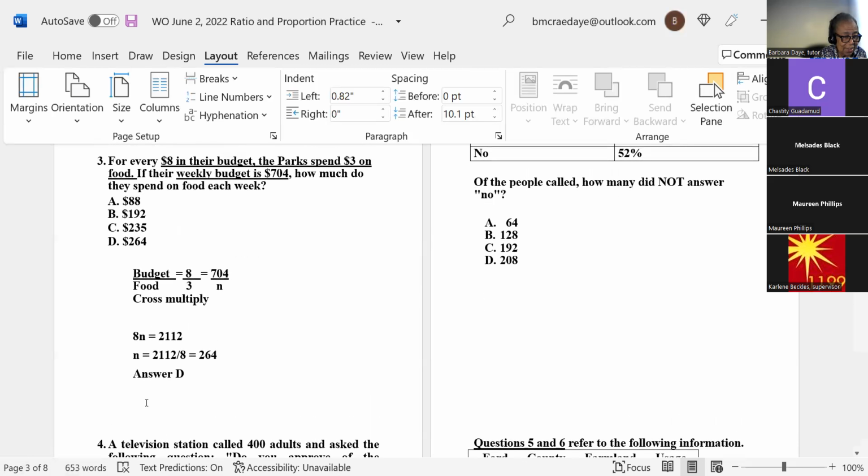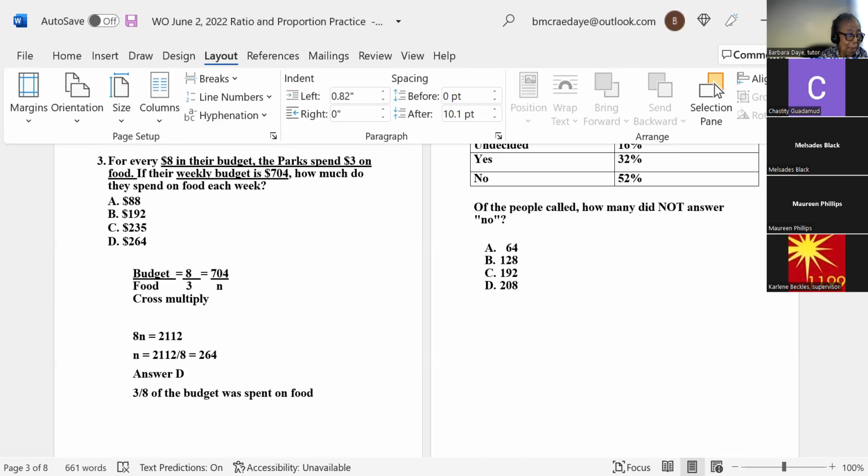What I'm saying is, if you had $8 in your budget and you spent $3 on food, that means 3/8 of the budget was spent on food. Now you know your fraction. You can just take that 3/8 and multiply it by the 704 and you get the same answer.